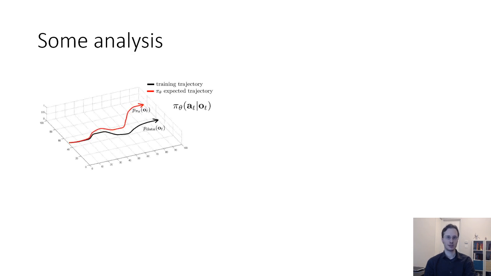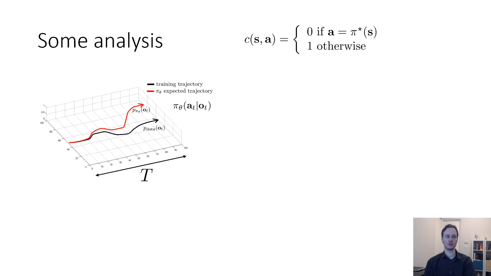So in this analysis, I'm going to use capital T to denote the length of the trajectory. So if we see me use capital T, that just means there are capital T steps in our trajectory. And we're going to be concerned with this 0-1 loss. And the quantity that we want to analyze is the expected total value of the 0-1 loss, which is also the expected number of mistakes we would make along one trajectory.